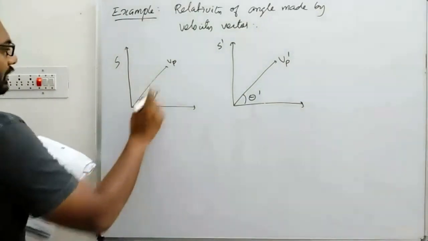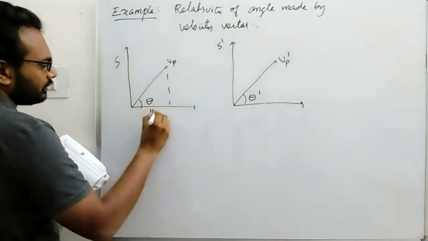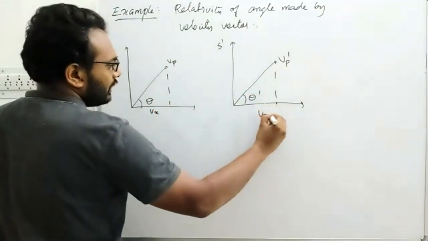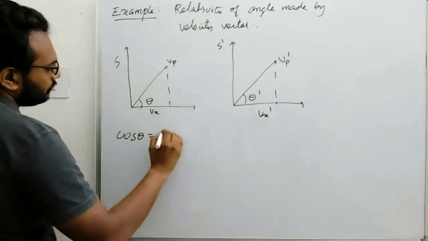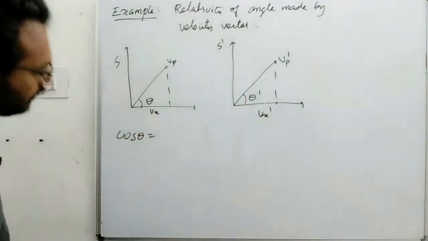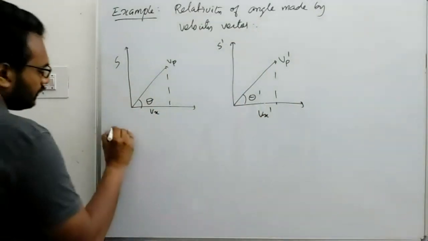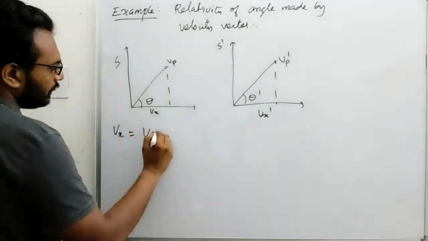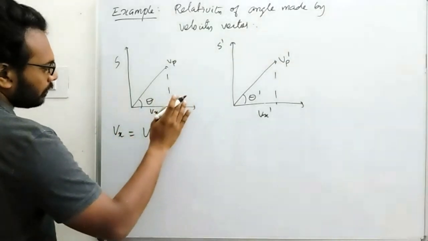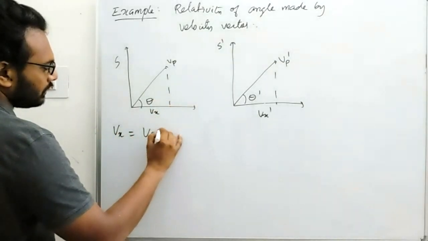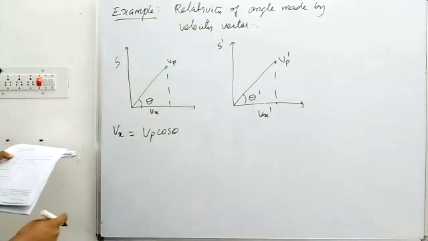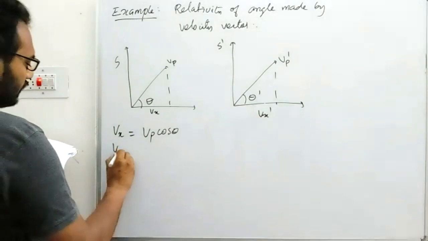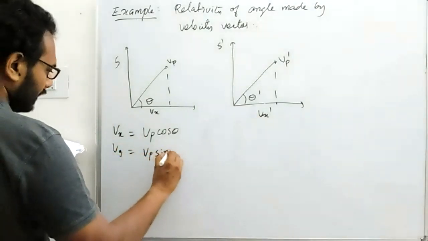Now, how are these relative angles related? From here you see that this component is Vx. Here this component is Vx prime. So Vx equal to Vp cos theta, and Vy is equal to Vp sin theta.